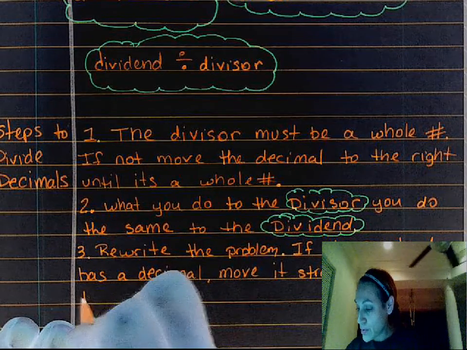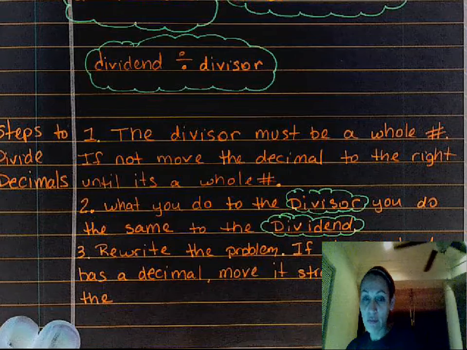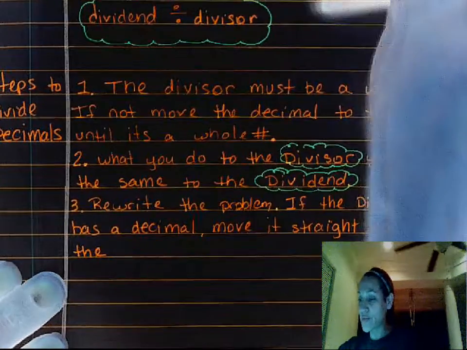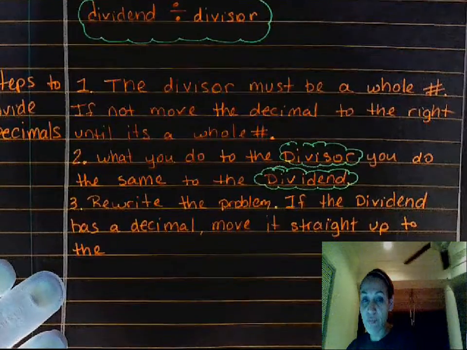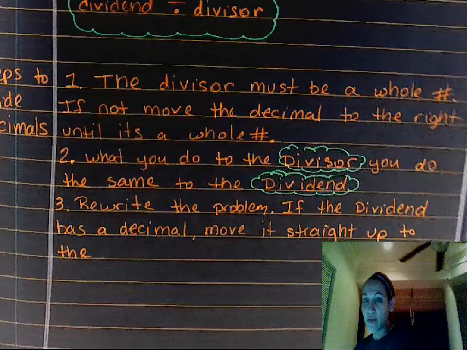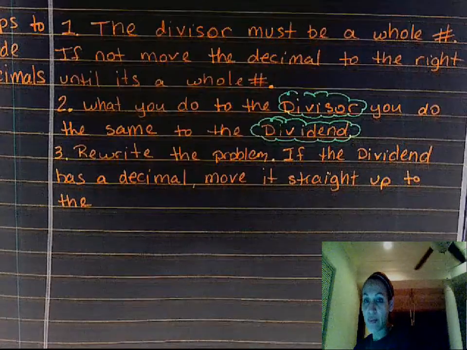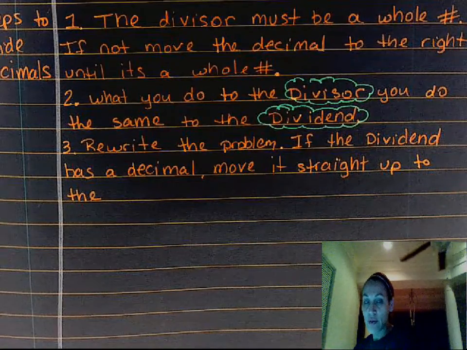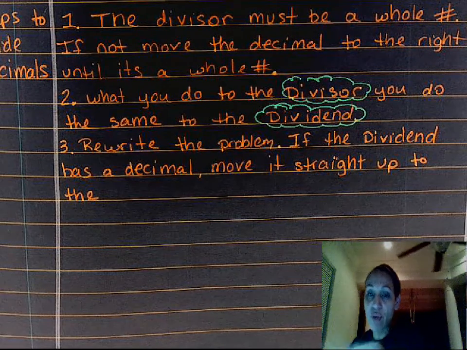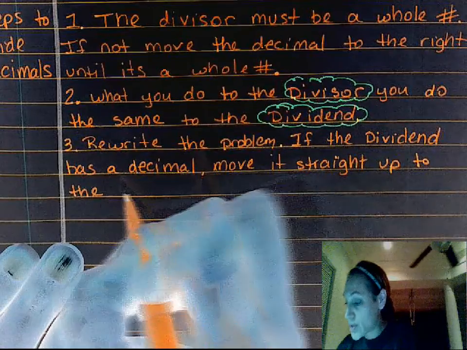Oh, I'm so sorry guys, I didn't even realize that wasn't showing. Okay, so let me give you guys a chance to get that copied down, and I'm going to move that up again. So, okay, so step 3, you're going to rewrite the problem. If the dividend has a decimal, then you move it straight up to the quotient.